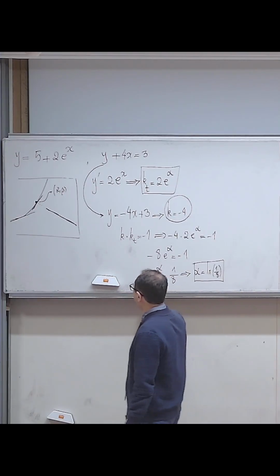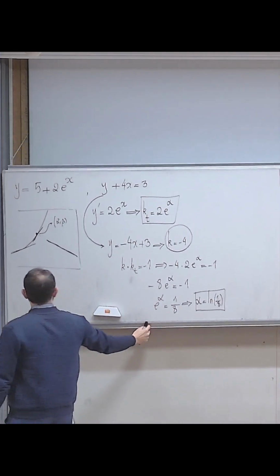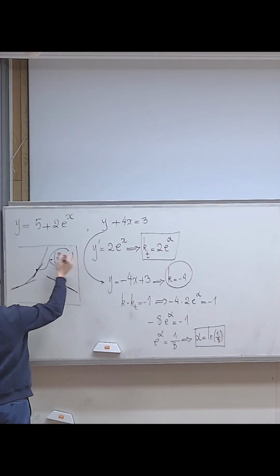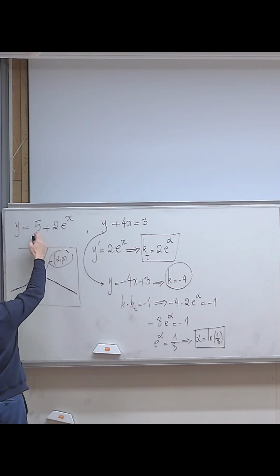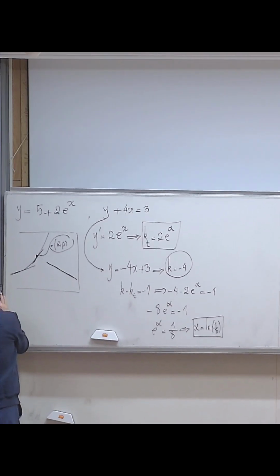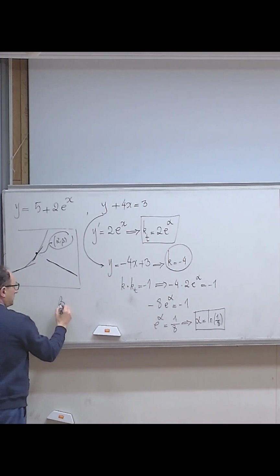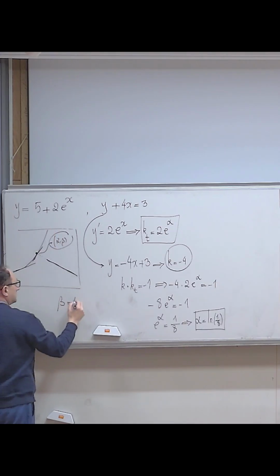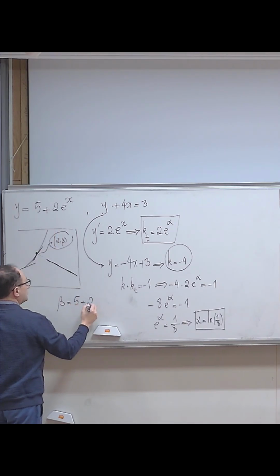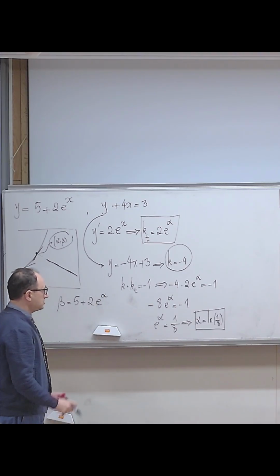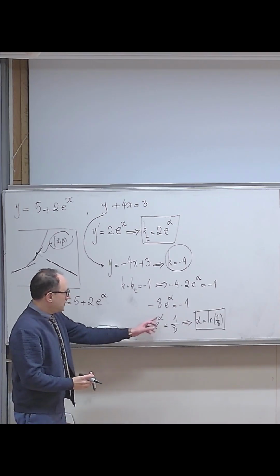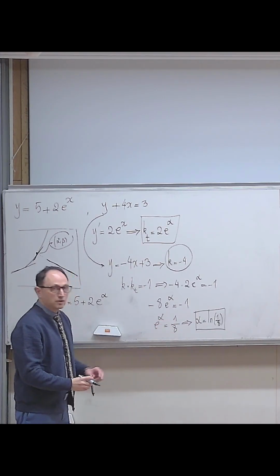For finding beta, it is very simple because I know that this point is sitting somewhere on the curve. So it means that the coordinates will satisfy the equation. So beta is 5 plus 2 e to the power alpha. But you see, e to the power alpha turned out to be 1 over 8.